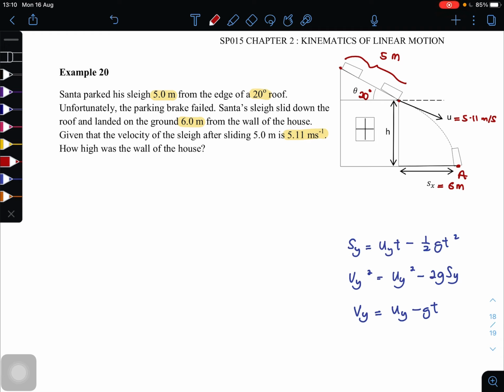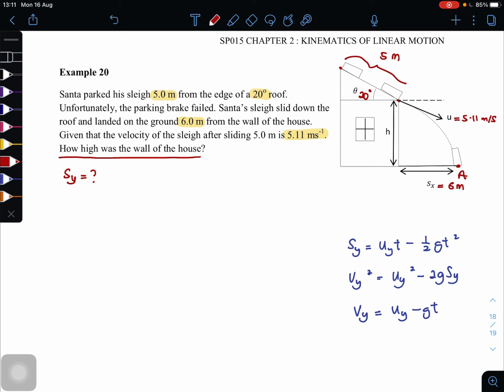Okay, so that's the information that we have. So basically, the question asks how high was the wall of the house, which means this value here, the value for H, or easier for us, it's the value for SY. So the question asks for SY.